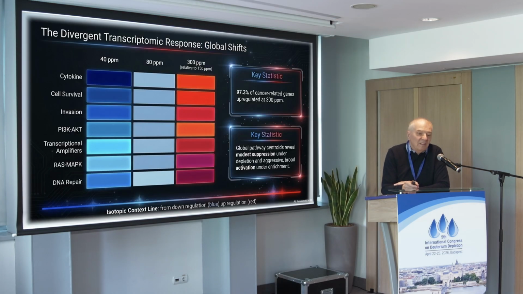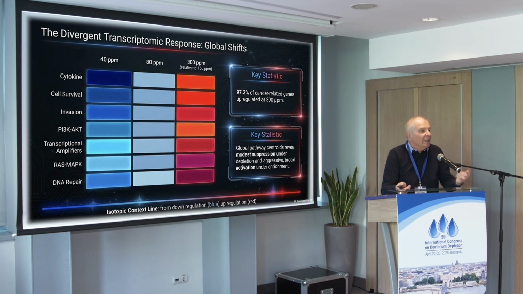So this is the overview. On the right side, I show the pathways. On top, I show the deuterium content, and the colors represent the overexpression or the underexpression of the given pathway average.